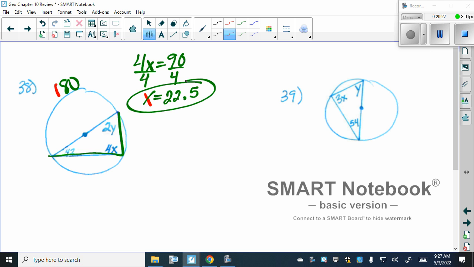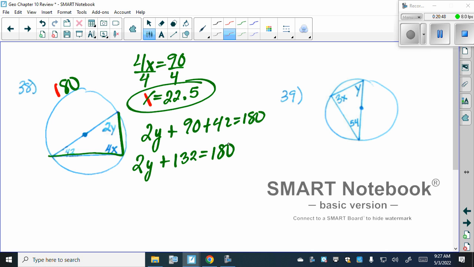What do we know about any three angles in a triangle? They add up to be 180, yes? Well, we know one of them's 90. So 2y plus 90 plus 42 is equal to 180. 2y plus 132 is 180.